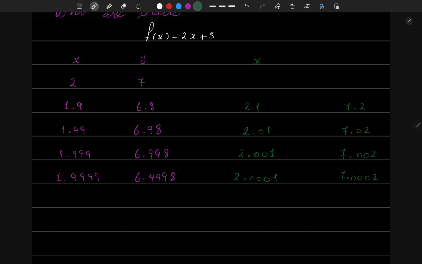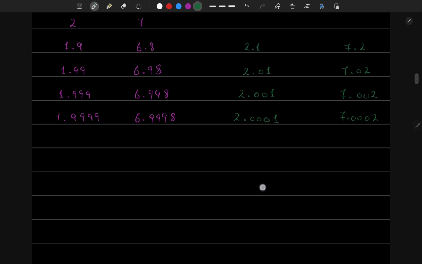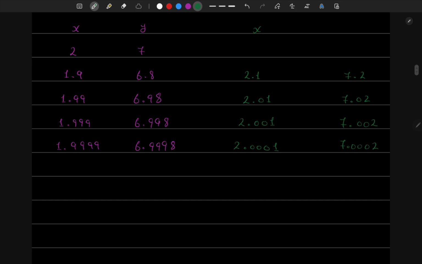So in both cases here, as I get closer to 2 on x, I get closer to 7 in y, but just in different directions. Here I'm approaching 2 from 1 and going up, while here I'm approaching 2 from 3 and going down.